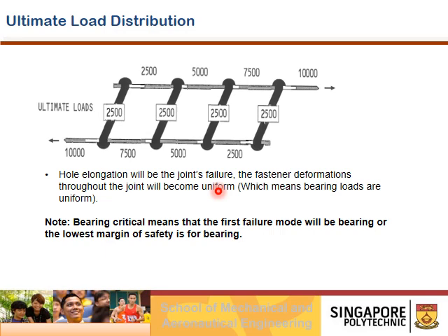So when the ultimate loading is applied, all the fasteners will take up equal loading and transfer the loading across. That's why they choose to have the lowest margin of safety for bearing failure. That is the current design. We do not know if they will subsequently change it, but this is the current structure they are doing for sheet metal, right?